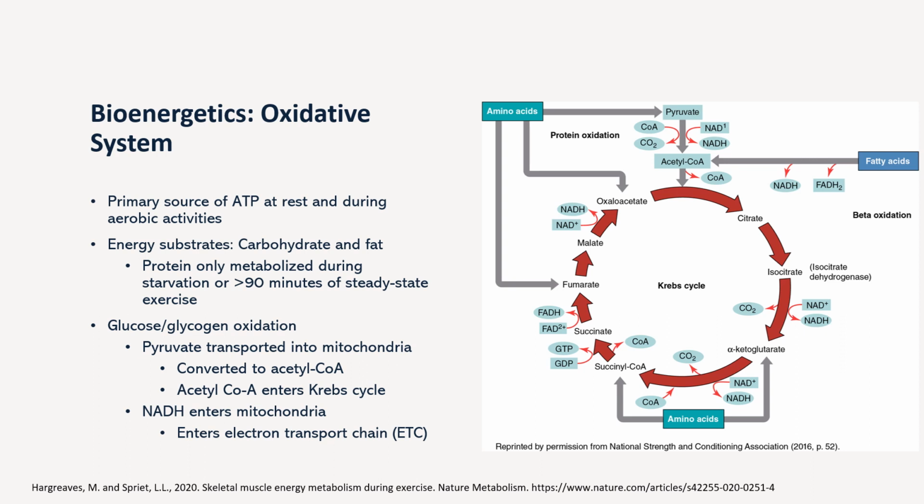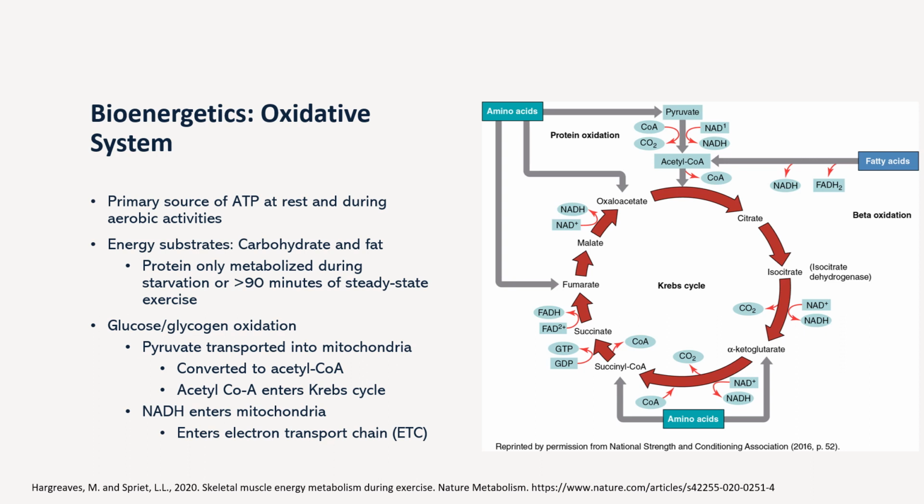After the exercise duration extends beyond approximately 1 minute, for example, as in an 800-meter track event, oxidative phosphorylation is the major ATP generating pathway, and intramuscular glycogen is the dominant fuel source.